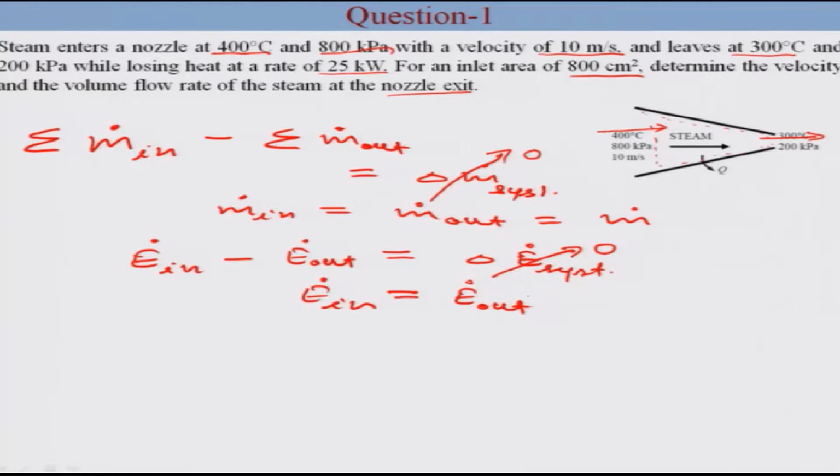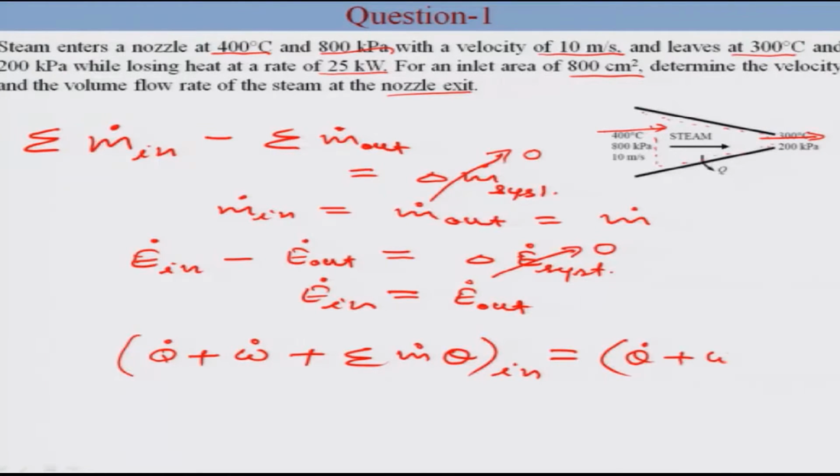So total energy coming in the system will be heat coming in plus shaft work plus total energy of the flowing fluid in, which will be equal to heat coming out of the system plus work coming out of the system plus again total flow energy of the fluid coming out of the system.